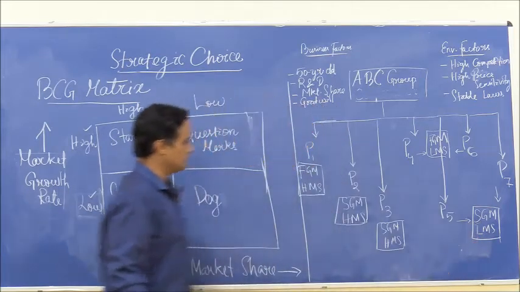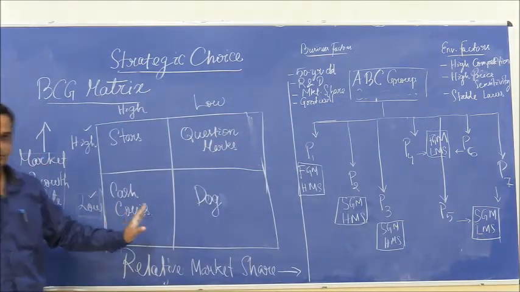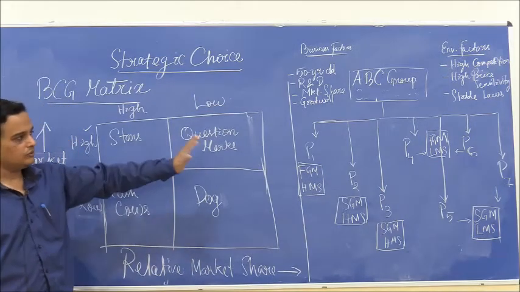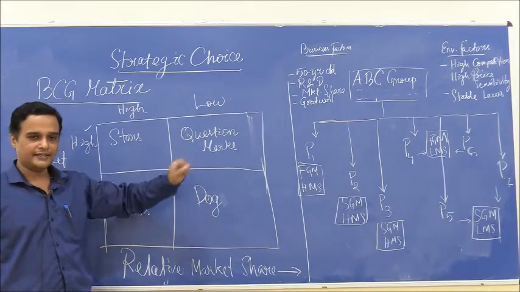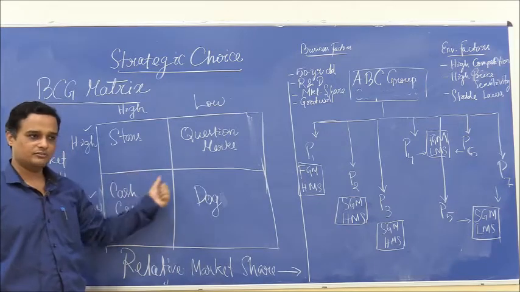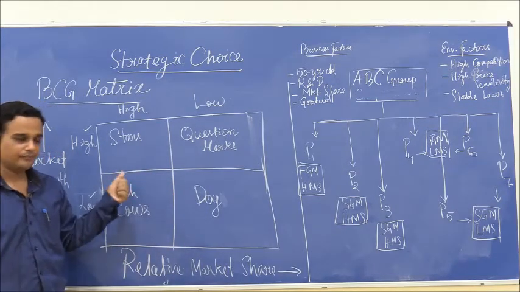Now, come to the analysis of this matrix. We are going to analyze ABC group and its products using the BCG market matrix.